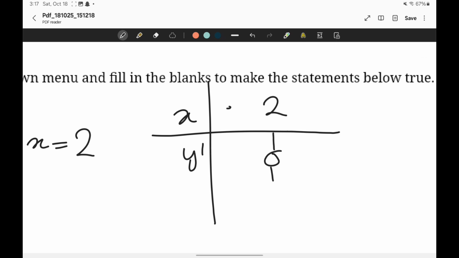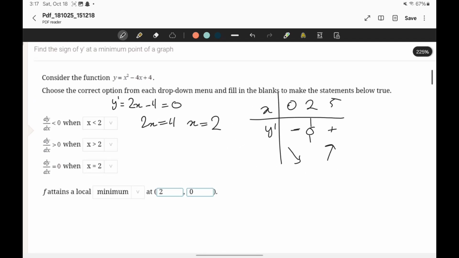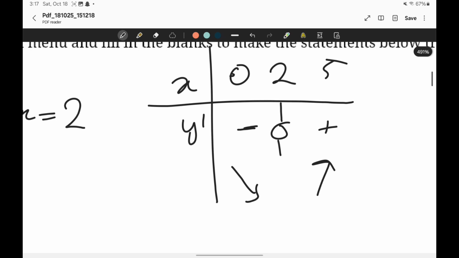You will test, for example, we'll test 0, you get a negative number, and we'll test 5, you get a positive number. So that means it's going down, then it's going up. Okay, now here they're asking for when the derivative is less than 0. When the derivative is less than 0, that means the derivative is negative. Right?